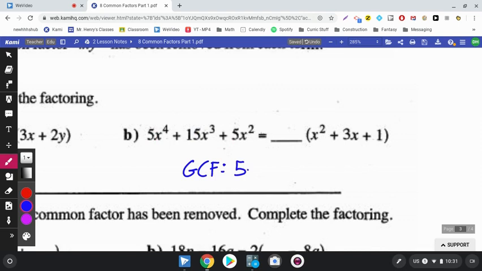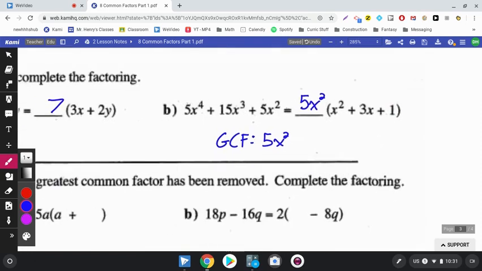And then in terms of x's, I can divide by x squared. I divide this term by 5x squared, I get x squared. Divide this term by 15x cubed, you get 3x. Divide this term by 5x squared, well, 5x squared divided by itself is just 1. So the thing I factored out was the 5x squared. That's what I'm doing. That's what I'm looking to do.